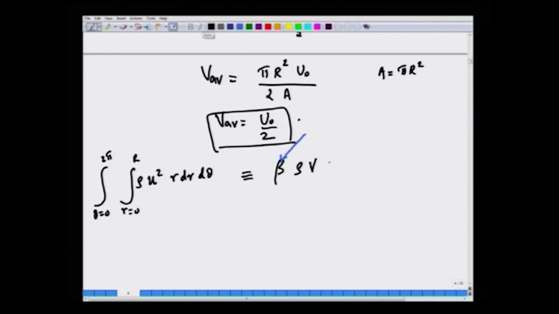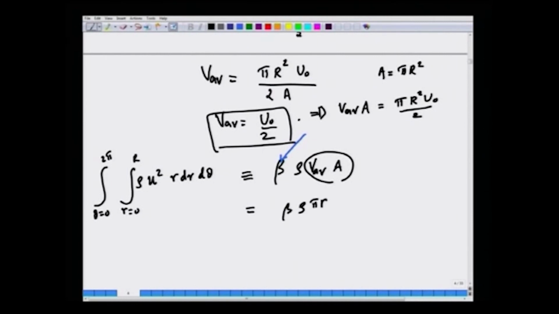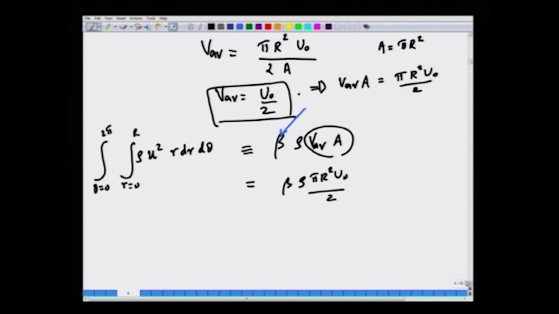So, to that end we are doing all these calculations. We have V average times A from this expression is nothing but pi R squared u naught divided by 2. So, you write this as beta rho pi R squared u naught by 2, and now we have to do this integral.